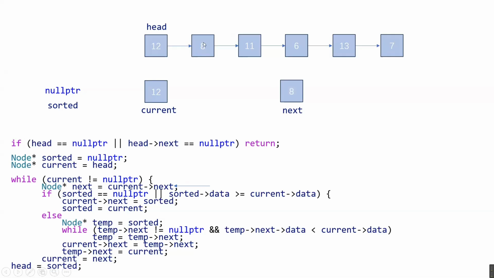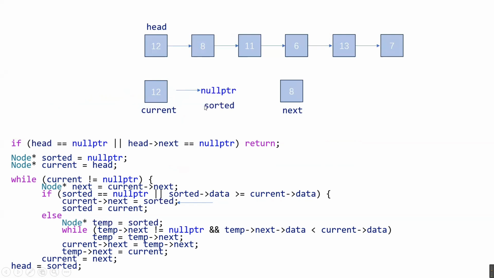The current next should be the 8, right? And then if sorted is equal to a null pointer, or sorted data is greater than or equal to current data, here sorted is equal to a null pointer, so it will trigger the condition here. The current next will become sorted. This one is next. It should be this one, right? It will become the sorted.